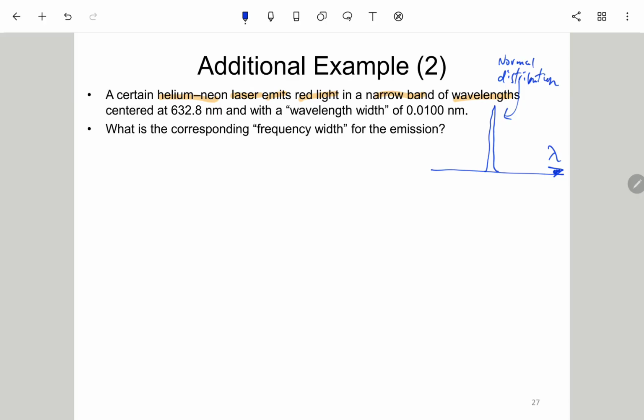Yes, it is supposed to be ideally a single frequency. Yeah, because it tries to oscillate in some structure so that only a single frequency may be able to survive. The others will be like canceling each other. But practically there will be a very narrow bandwidth.